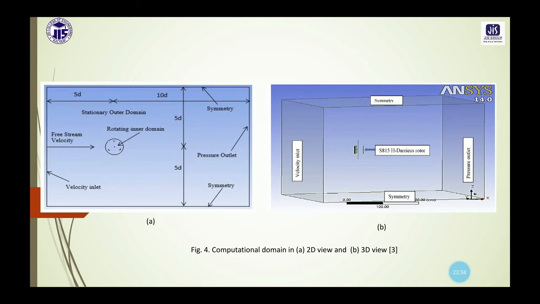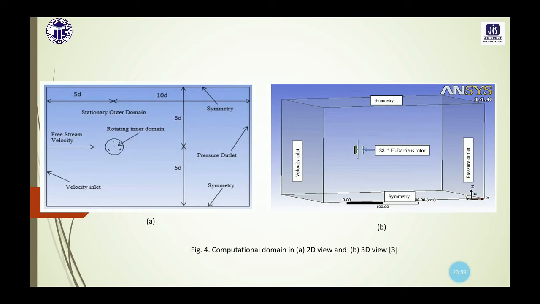Next, we need to draw one computational domain, and that computational domain is also shown in 2D and 3D view for better understanding. The measurements of the computational domain are taken from some standard published paper.